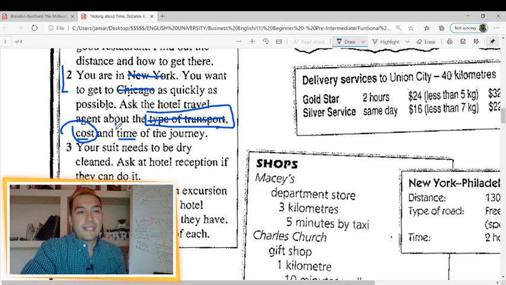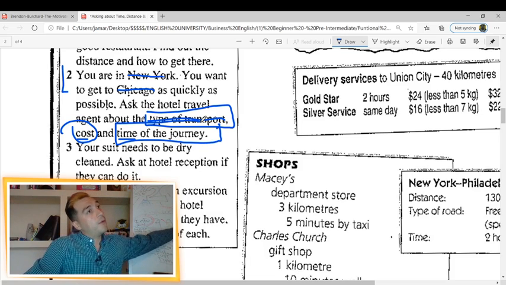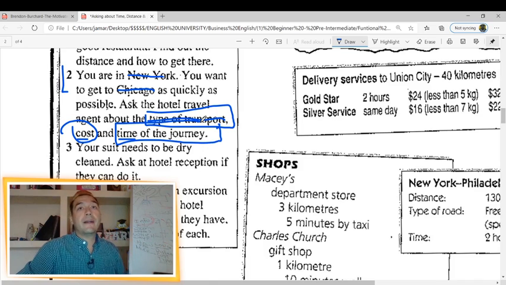Time of the journey, right? So let's make the question. What is the first part of the formula? How long? Excellent. Okay, how long what? We need a verb, right? So what is the formula for verbs? How long does?